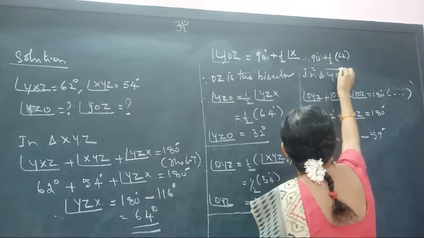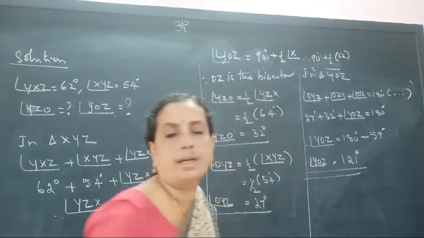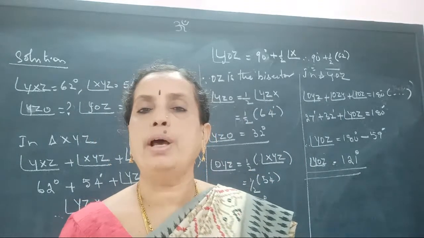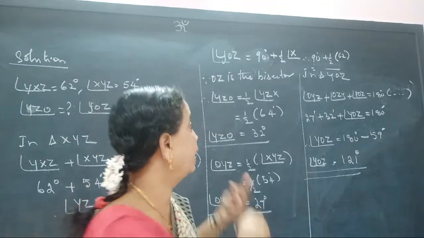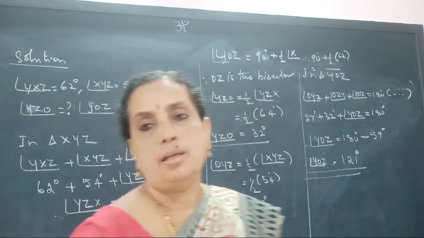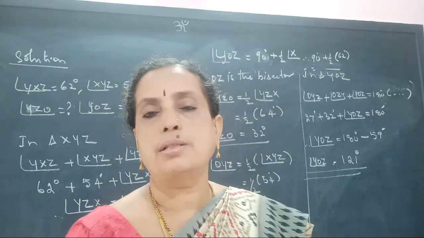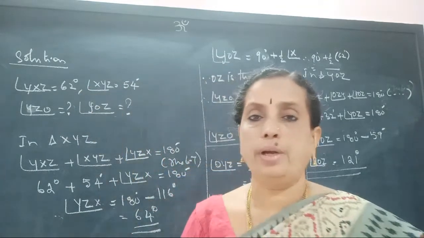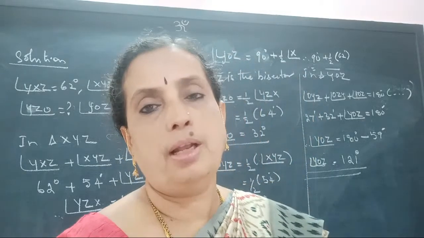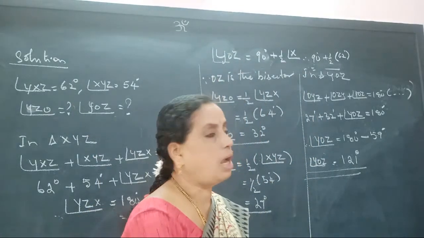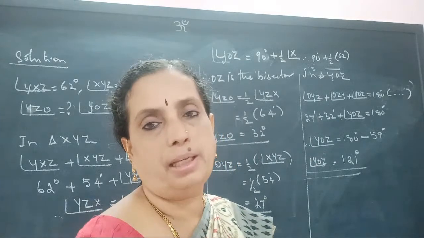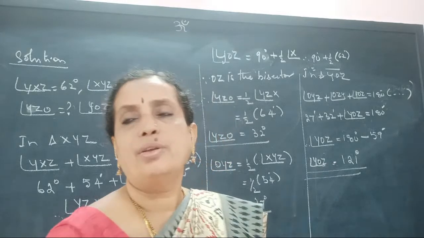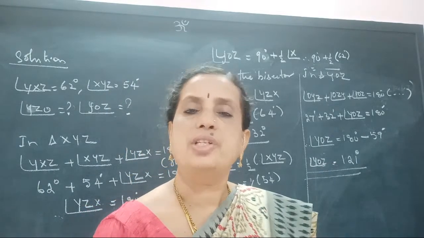Now check whether you will get 121 degree in the relation. That is for 1 mark MCQ, directly you can give the answer. But for 2 marks, 3 marks, you have to show all the steps involved to get the final answer. Okay, na? So some problems have the direct relation you can apply. If not, after getting this final answer, you can use that relation for your checking also.